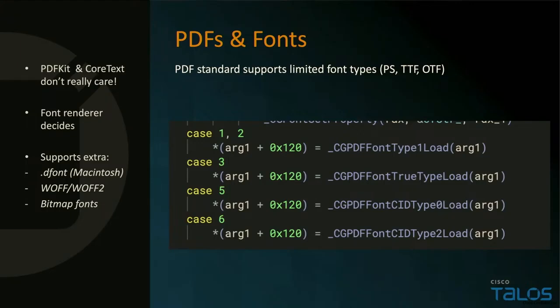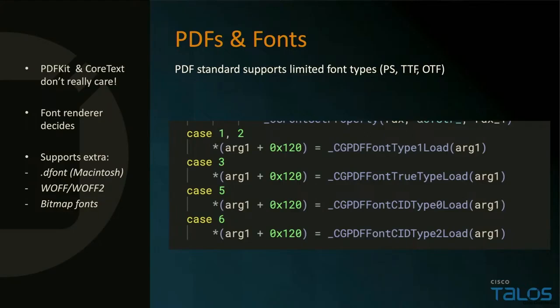There's a subset of font formats that the PDF spec itself supports. However, while digging through this, I uncovered that PDFKit and Core Text don't really care what font type you specified in the PDF. They'll take the font from the PDF, and then the font renderer will actually decide which font type this is. So you can trick the renderer into rendering fonts that the PDF spec doesn't support in general.